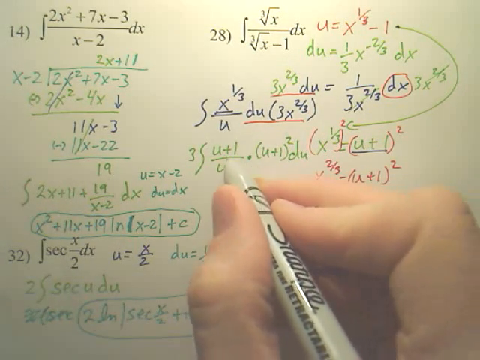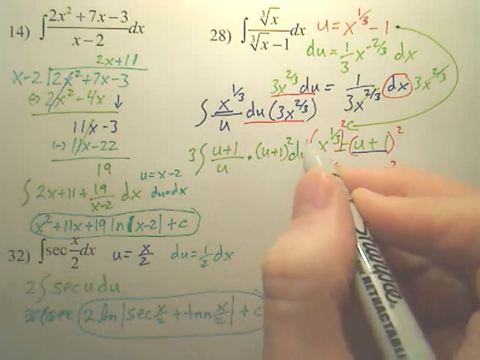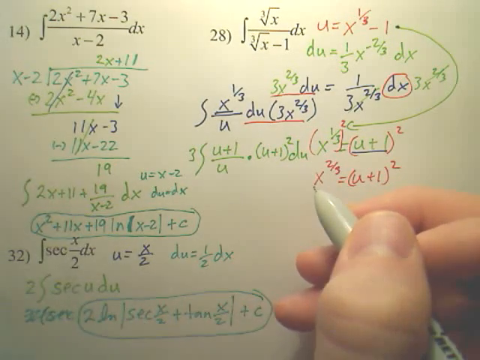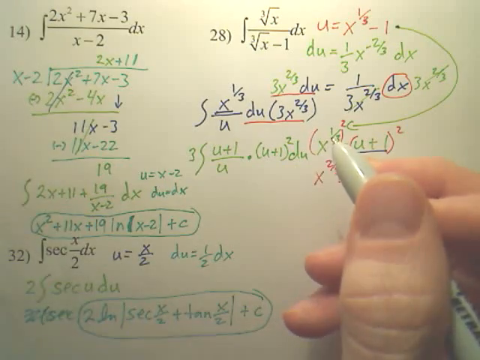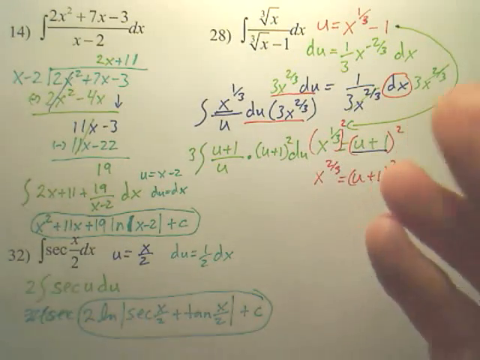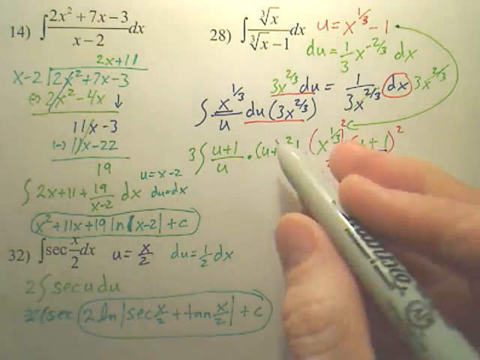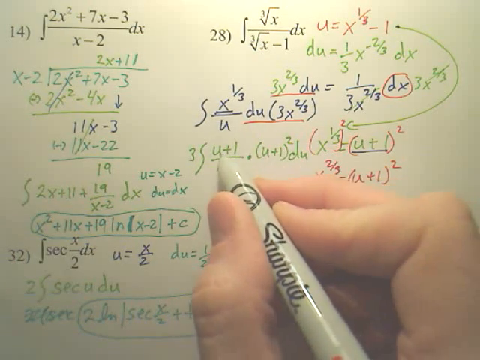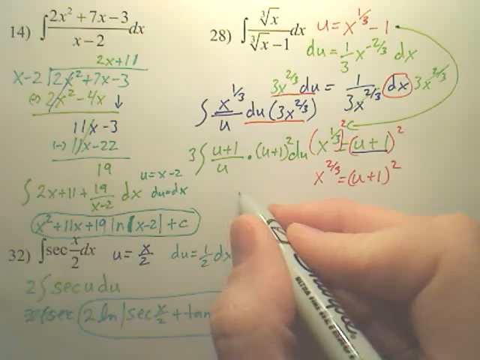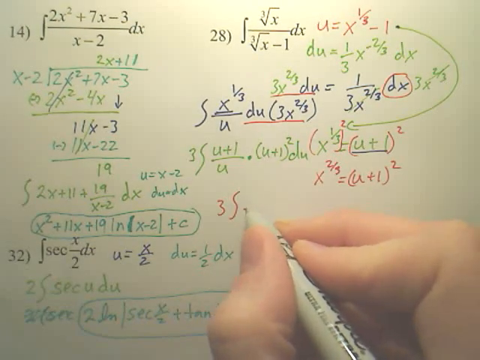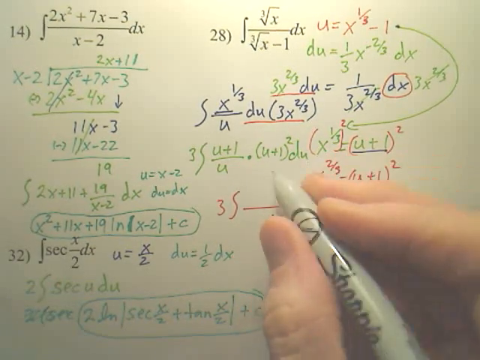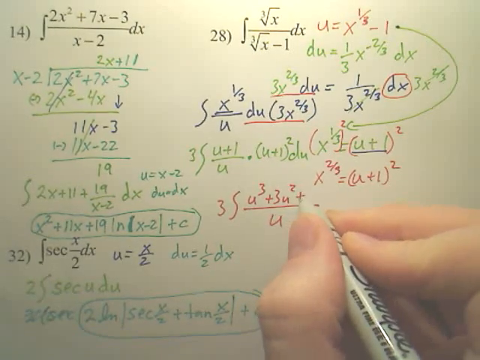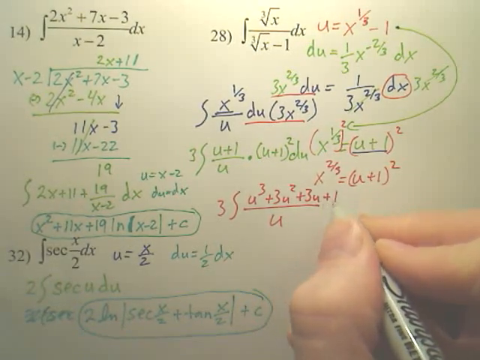Now, do you see how here, could I multiply this whole top all together and then divide each term by u, and we have something we can integrate? This is what you're trying to get at. It's kind of weird, very anomaly-ish kind of problem. Now, doing all this, foiling, let me just give you the answer. When you foil this whole top, you have the 3 out front, you have the u on bottom, and you're going to have u to the 3rd plus 3u squared plus 3u plus 1.